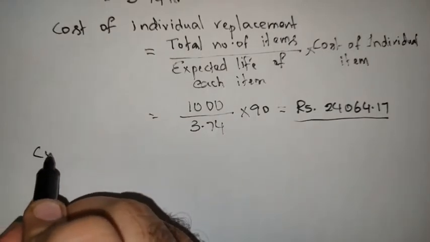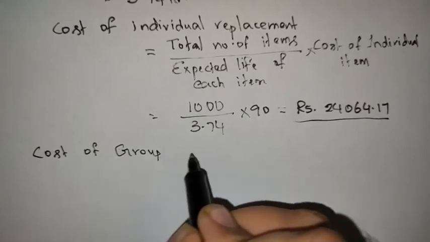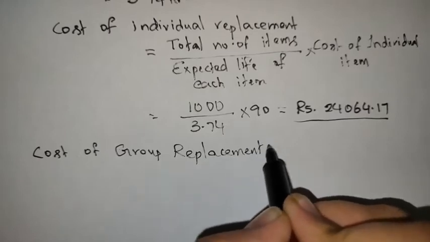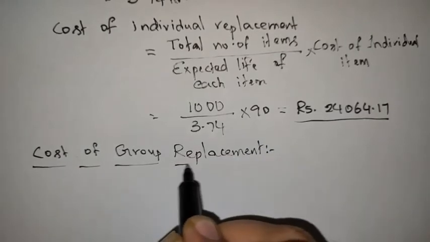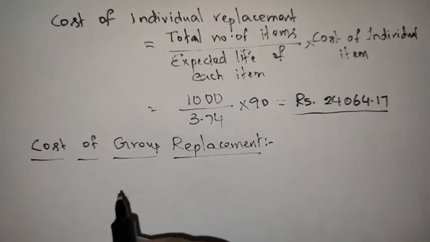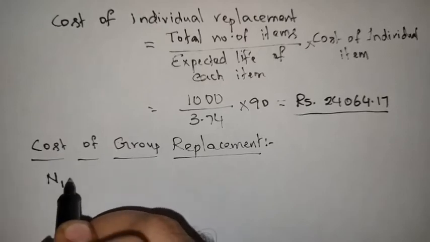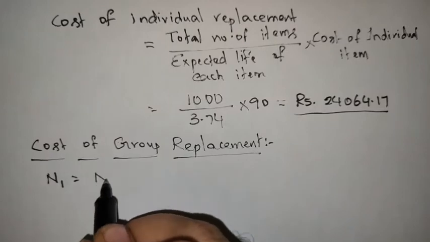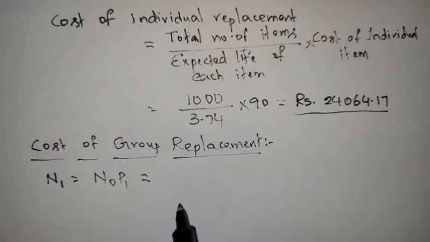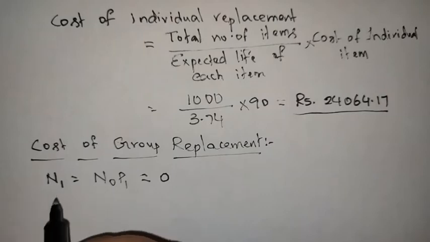So the cost of group replacement. Here we need to find the values of n1, n2, n3, n4 and n5. So n1 equals n0 into p1. If you substitute the values, you will get 0, as p1 is 0, so n1 is also 0.